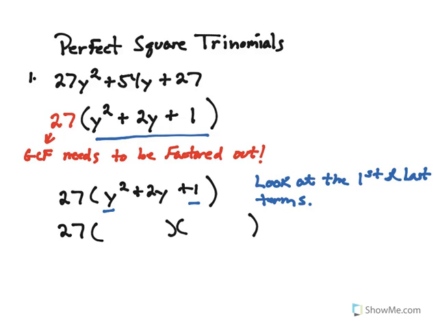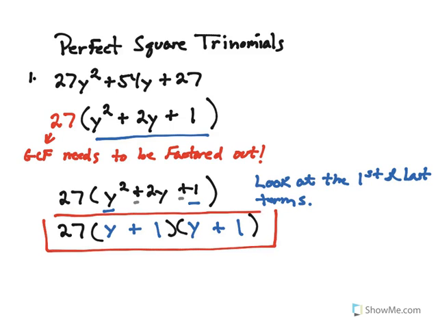You don't need any elaborate method to factor. You can just fill in the parentheses, okay? And we can do that. Y squared is definitely a perfect square because y times y. And then, of course, 1 is a perfect square because we have 1 times 1. Now, since both signs are positive here, then both of these are positive. So that makes things really easy. Okay? And that is my final answer. All right? So let's do another one like that.